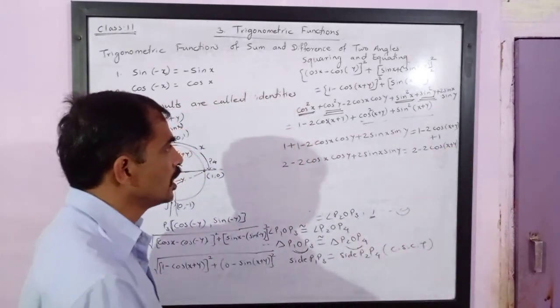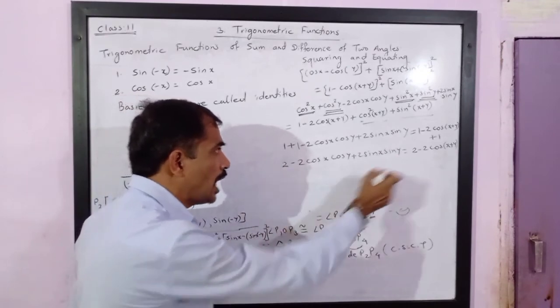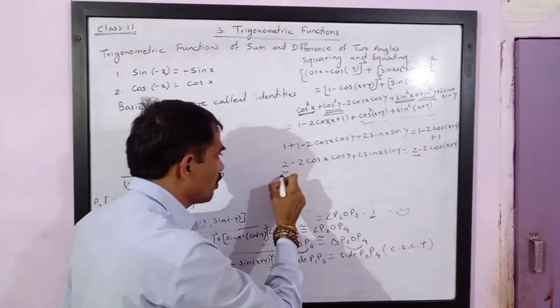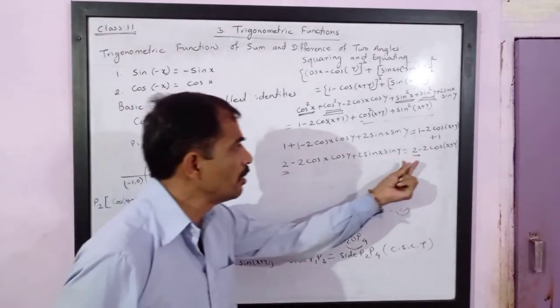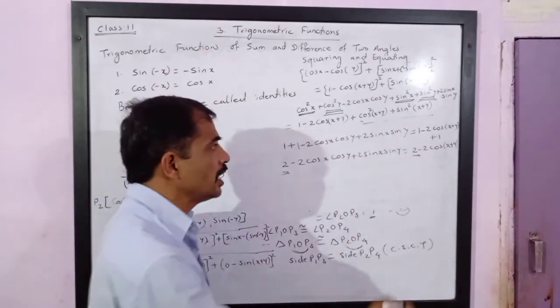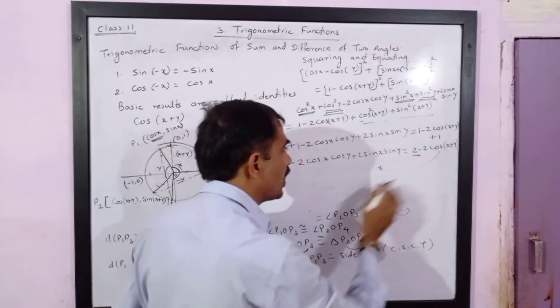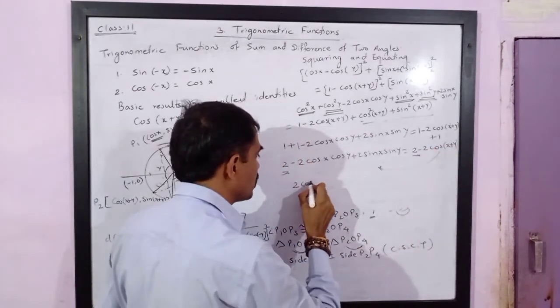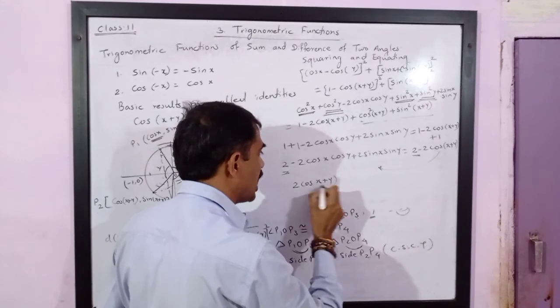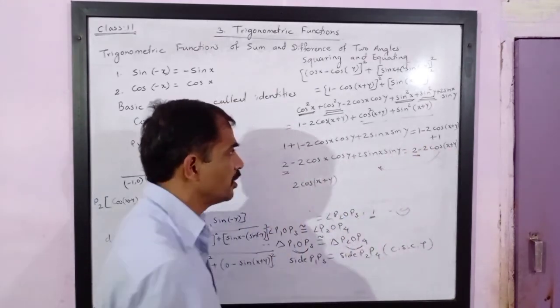Now please note, if 2 is transposed to the other side, this positive 2 and this positive 2 will get cancelled, and if you take this term this side, negative 2 cos of x plus y will become 2 cos of x plus y.